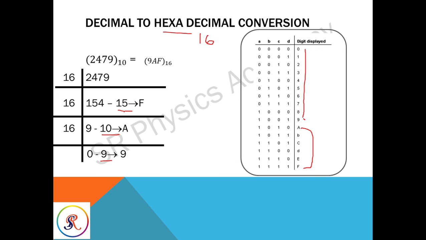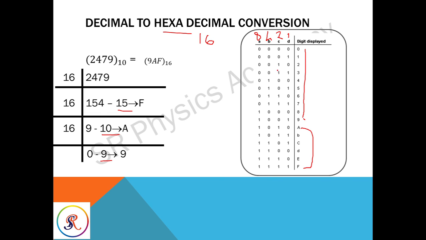So how will we convert 15 into letters? Before that you should know that truth table. In this truth table, just to remember that, code 8421. Okay, that is a code.